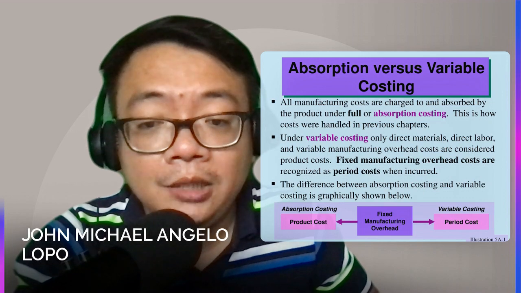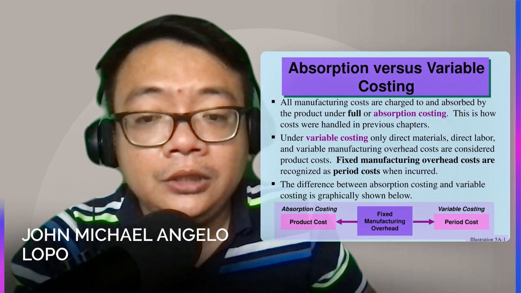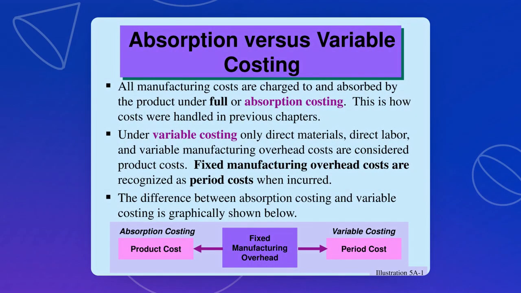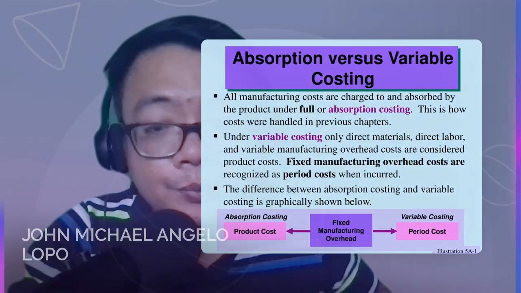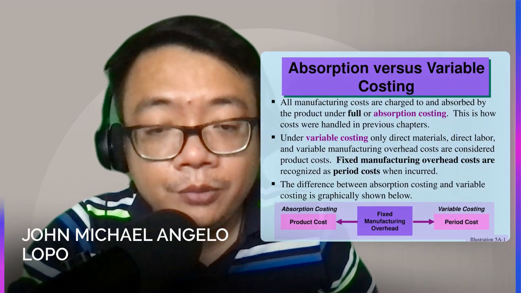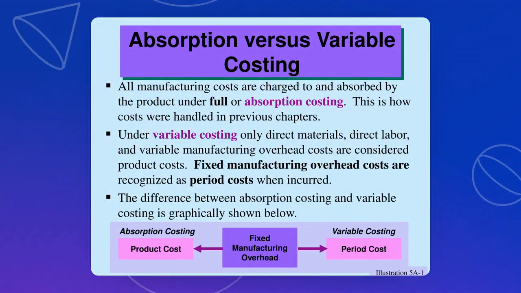While in the variable costing, please take note of the highlights. Fixed manufacturing overhead is recognized as period costs. Yes, class, it is recognized as part of the period costs when incurred. Meaning to say, the difference between the absorption costing and the variable costing is your fixed manufacturing overhead.